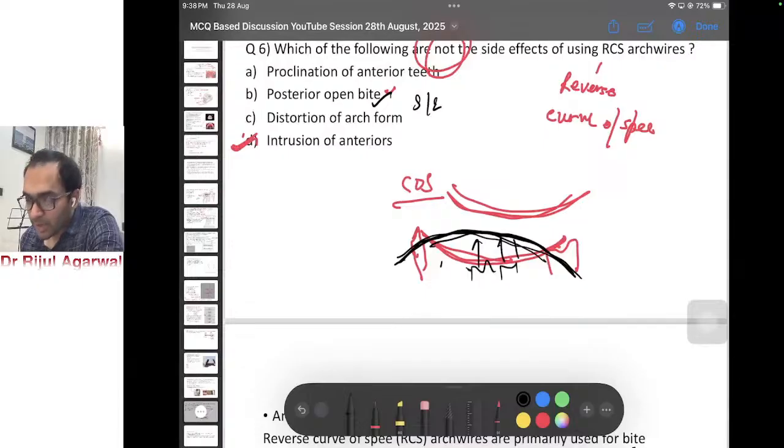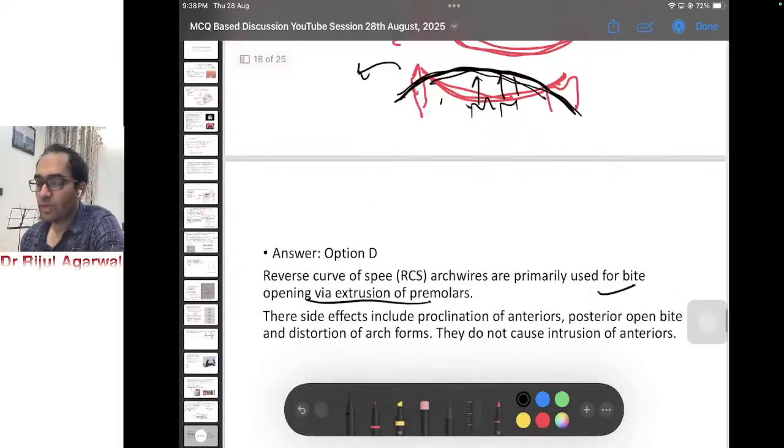At the same time, the anterior teeth will procline, leading to proclination of anterior teeth, which is again a side effect. At the same time, it will lead to distortion of the arch form, whereas it won't lead to intrusion of anteriors. So they do not cause intrusion of anteriors.